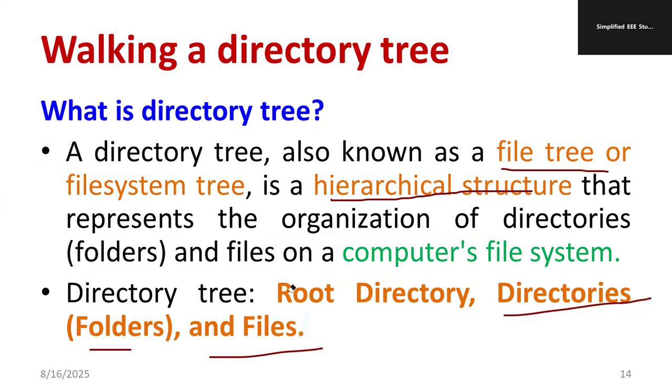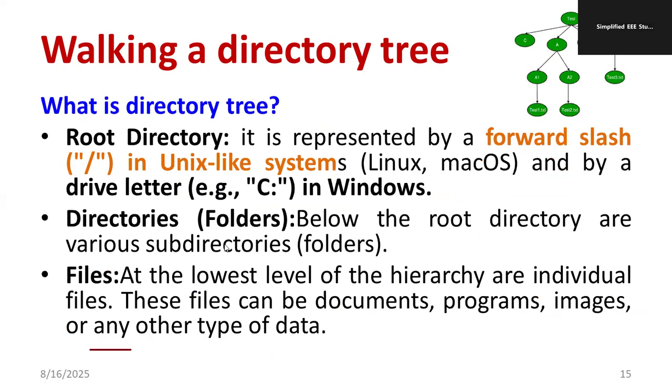Okay. So now let us talk about walking a directory tree. It varies with respect to the operating system. If I am using Linux, then the root is denoted by a forward slash. If I talk about Windows, usually you might have observed C colon.